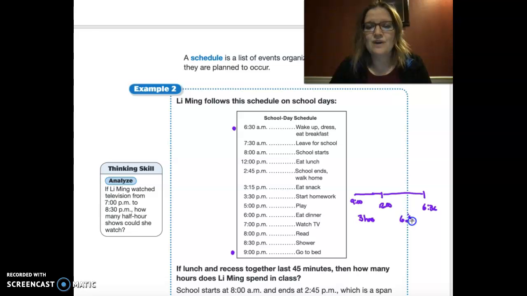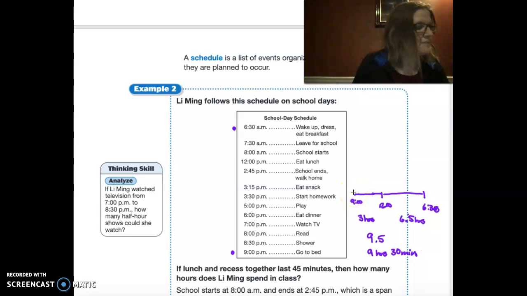So if she goes to bed at 9, this is midnight, then she wakes up at 6:30. That lets me know that 3 hours plus 6.5 hours is 9.5 hours. Now you can write 9.5, 9 5/10, or you can say 9.5 hours or 9 hours 30 minutes. In fact, we're going to say 9 hours 30 minutes.